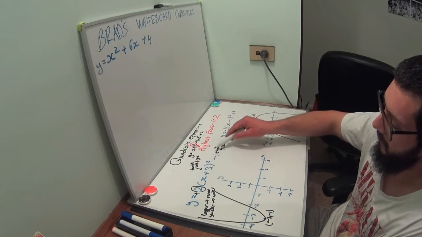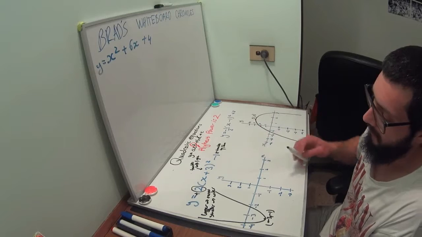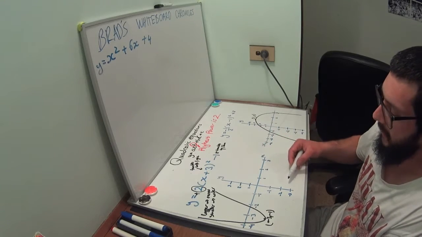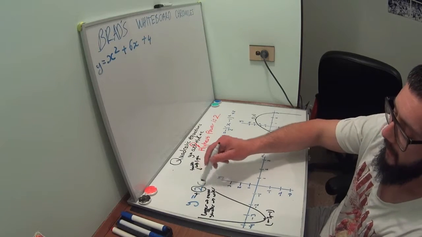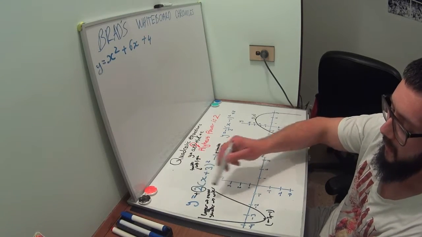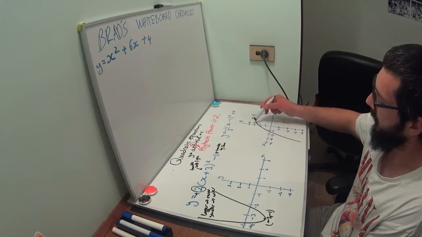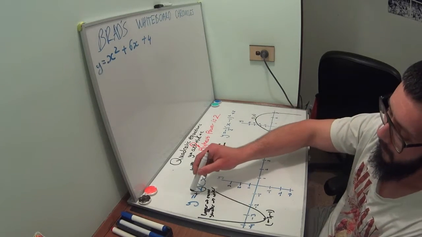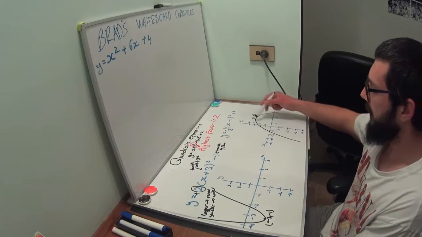However, with this number right here, that translates up and down. So if that's a minus 1, we're translating down. If that's a plus 3, we're translating up. The value in front, the bigger the number, the narrower the curve. The smaller the number, the wider the curve. Positive number, positive parabola. Negative number, negative parabola.